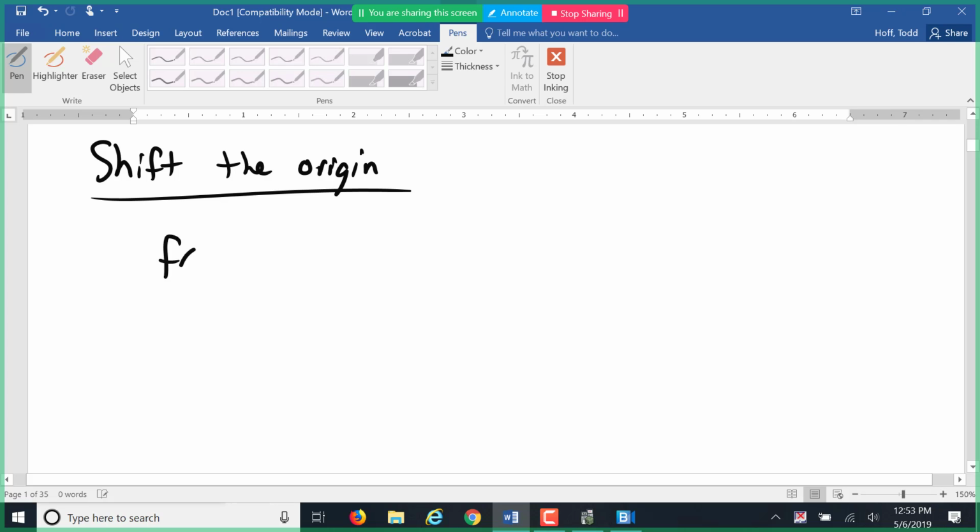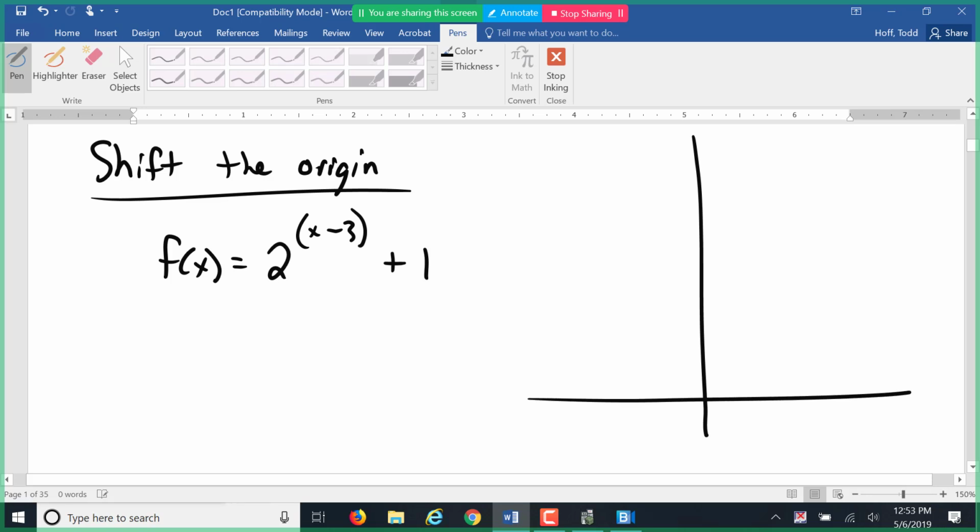If I have f of x equals 2 to the power of x minus 3 plus 1. Let me finish a little bit of the graph here.